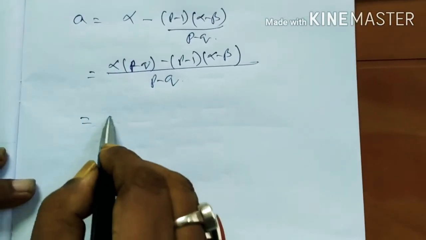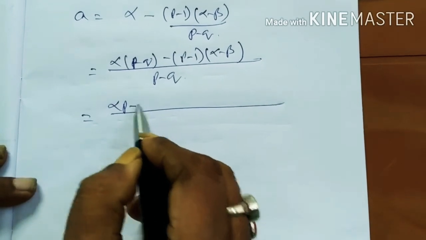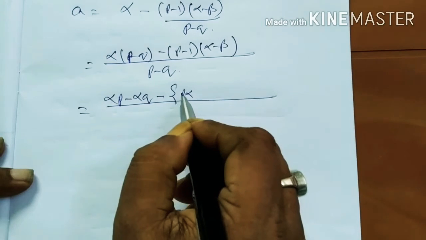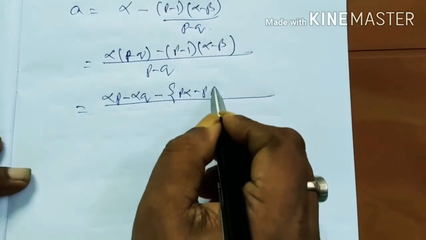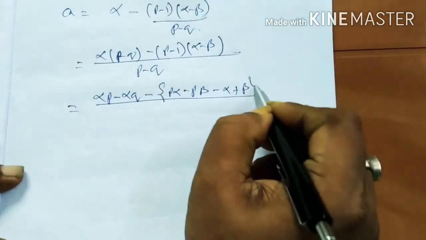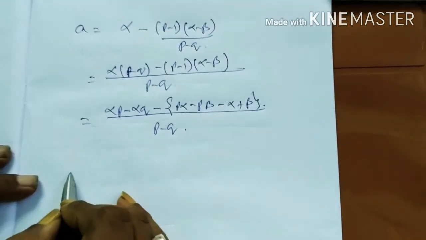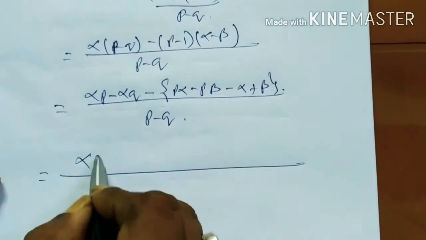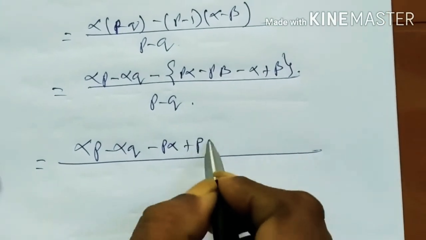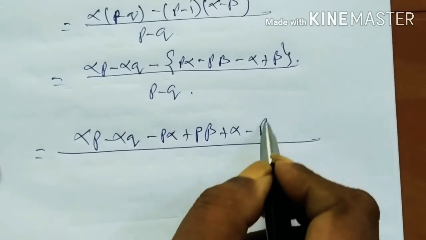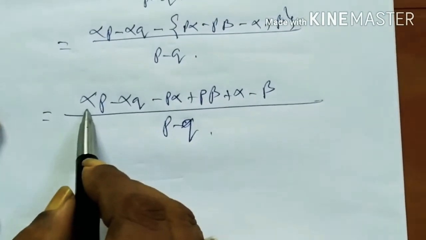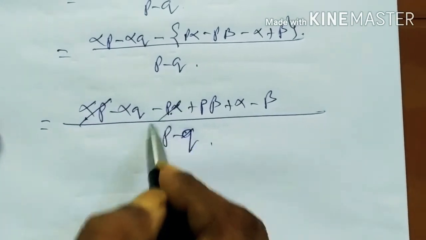Let me simplify it further. That is alpha P minus alpha Q minus P alpha minus P beta, then minus alpha, and this is plus beta, bracket close, over P minus Q. This is equal to alpha P minus alpha Q minus P alpha plus P beta plus alpha minus beta over P minus Q. Here plus alpha P minus alpha P cancels out.